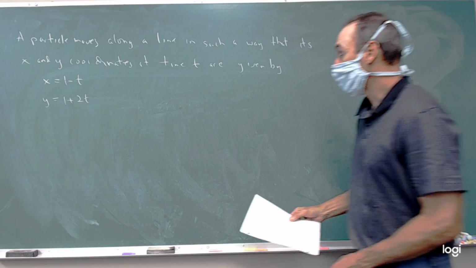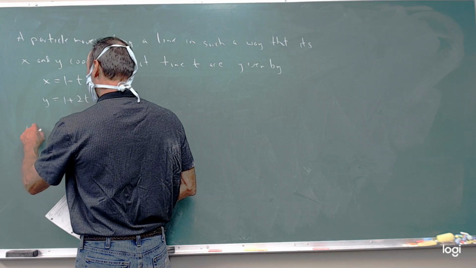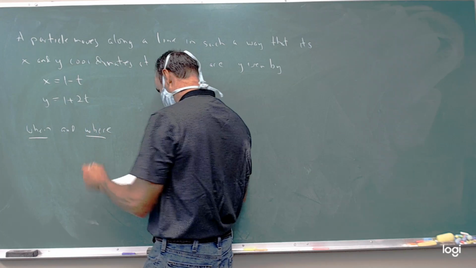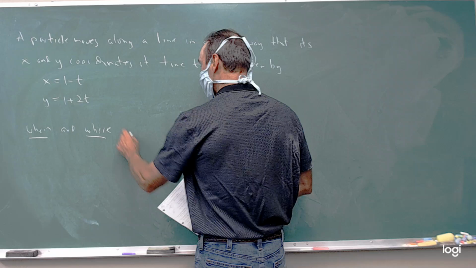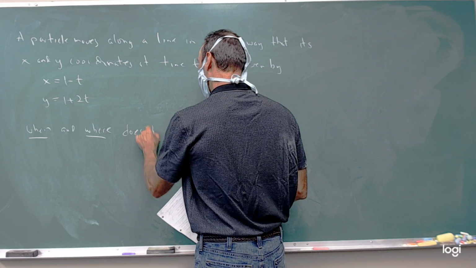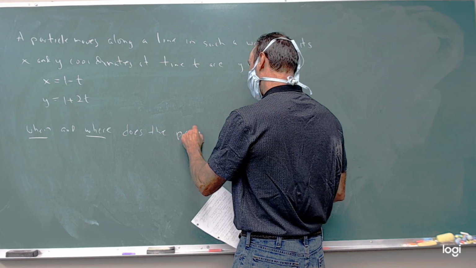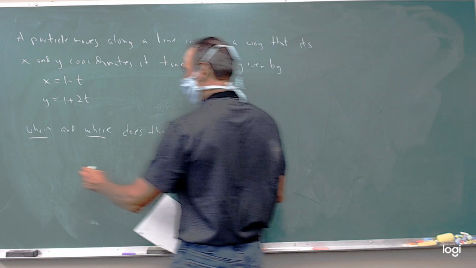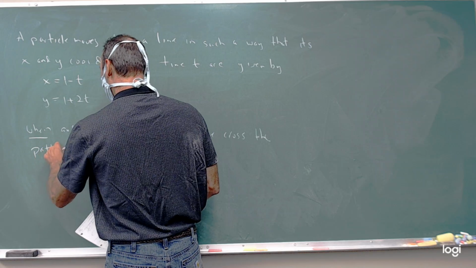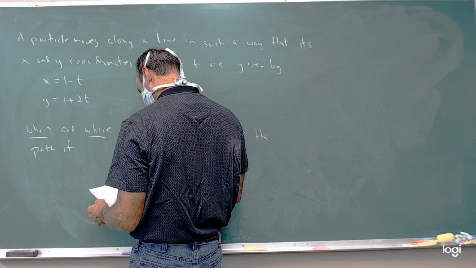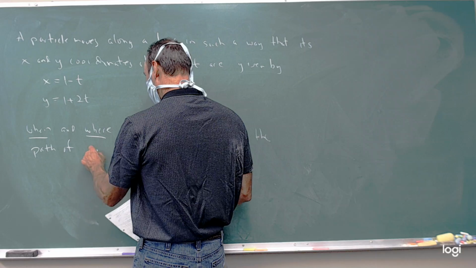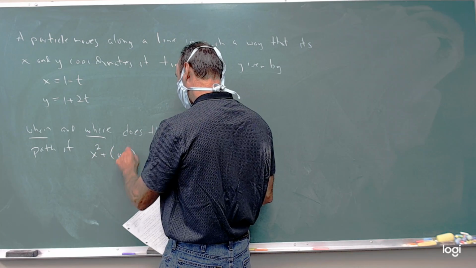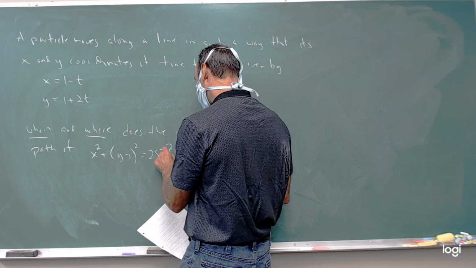But what we want to know, the question we're going to ask is when and where does the particle cross the path of the curve given by x squared plus y minus 1 squared equals 25.